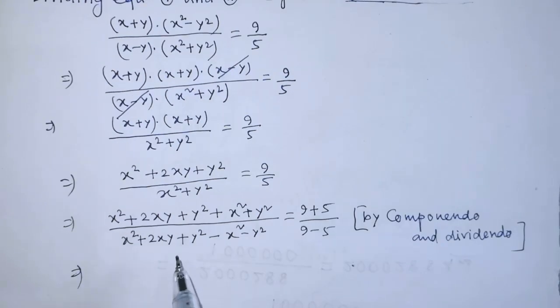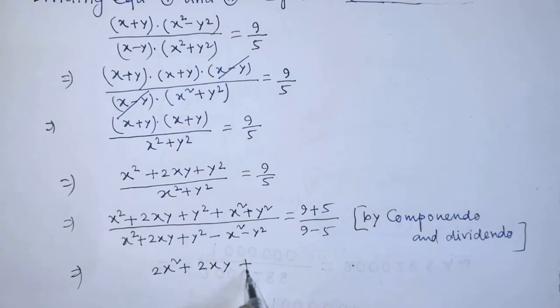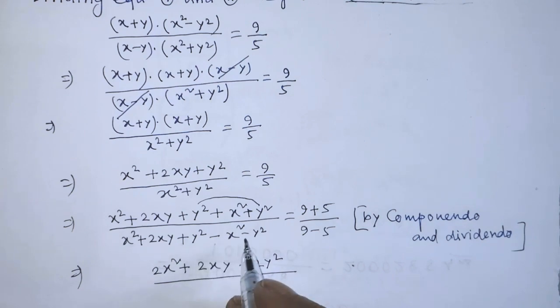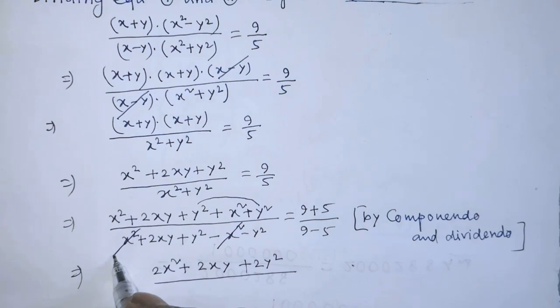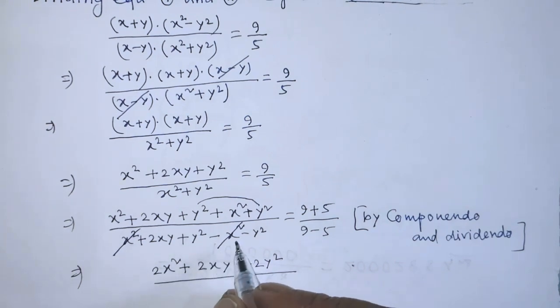After that, on the left hand side we get in the numerator 2x² + 2xy + y² + y², that is 2y² over, and in the denominator we can cancel −x² and +x², and similarly we can cancel +y² and −y².